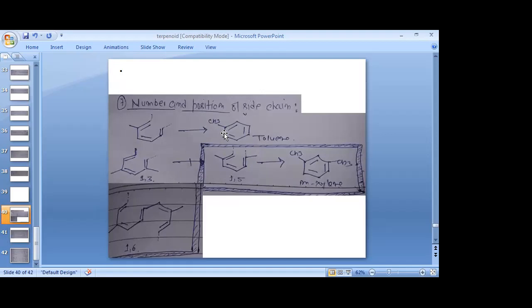Because of methyl groups at the 1 and 3rd position, they convert into toluene, right? 1,5 converts into metaxylene, right? And 1,6 converts into 1,6-dimethyl naphthalene, or 1,3 also converts into metaxylene, right? So metaxylene, 1,6-dimethyl naphthalene, and toluene confirm the position of methyl group at third, fifth, and sixth. So in this way, you confirm this structure.